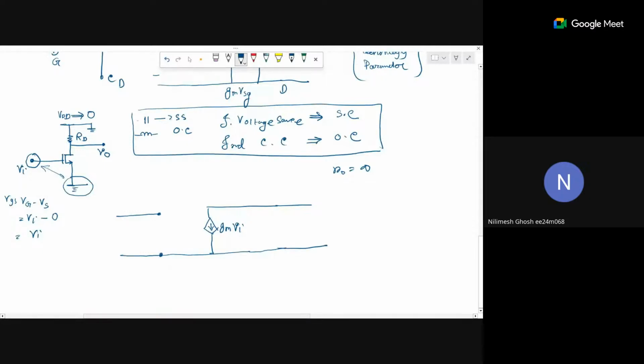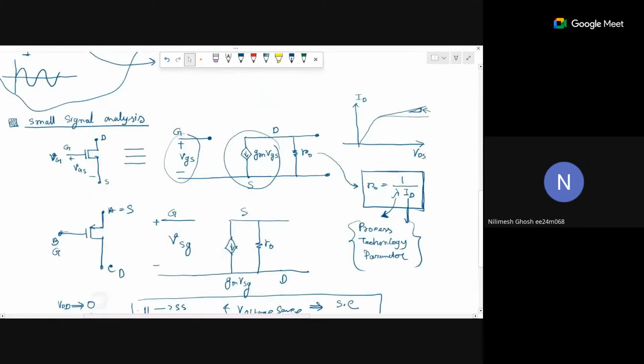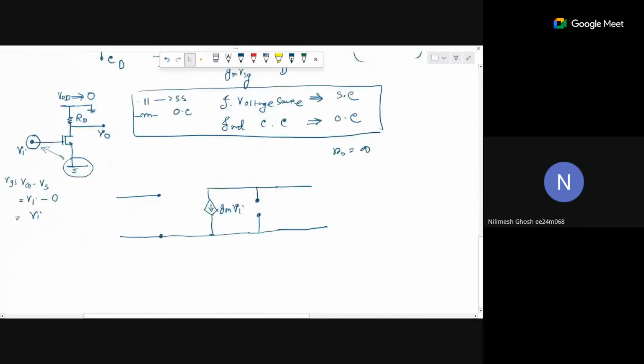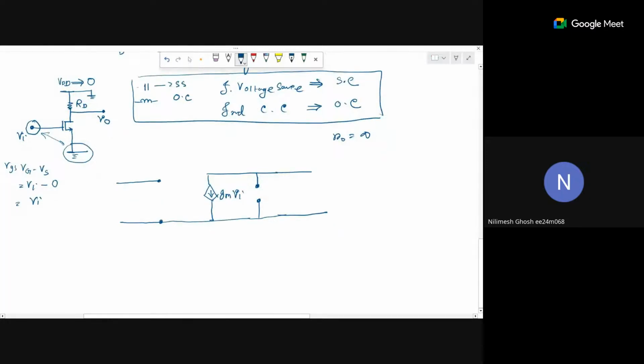Now I told you this R0 is infinite, which means it will be open circuited in the small signal picture. Here is our drain. From the drain to ground there is one resistance. This whole terminal is the source, and this source is also grounded.